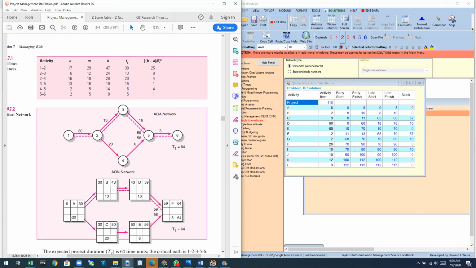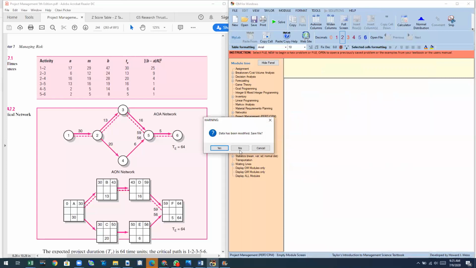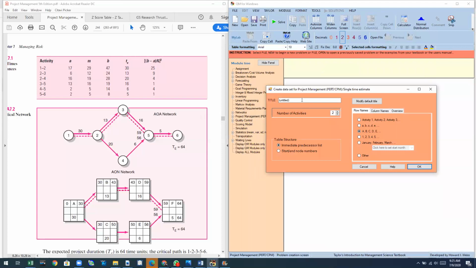This is the activity on node. So you can put this data into POM QM using the AOA network, or you can use the AON network here. Let me illustrate how to do this using both approaches. Let me show you how to do it using single time first, because single time is most appropriate for AON.